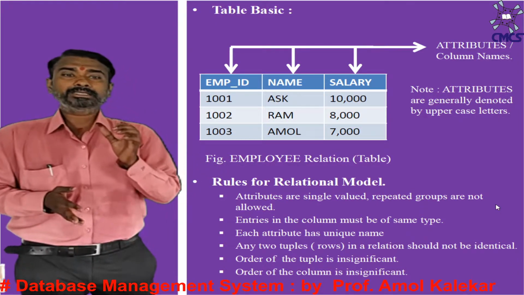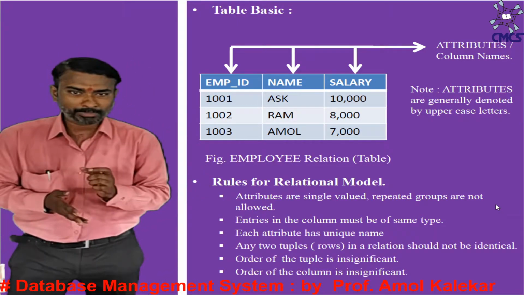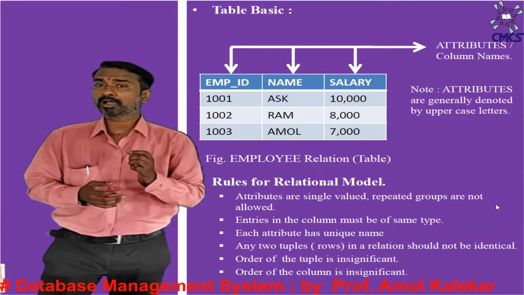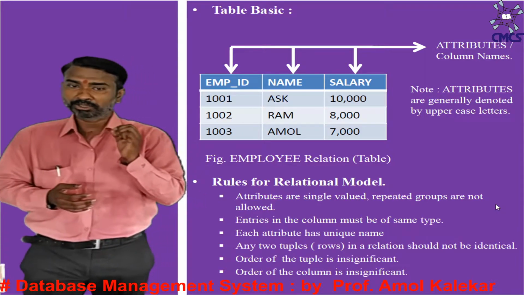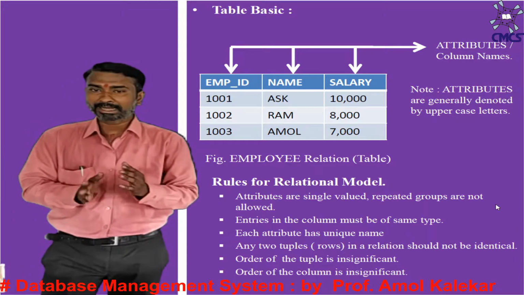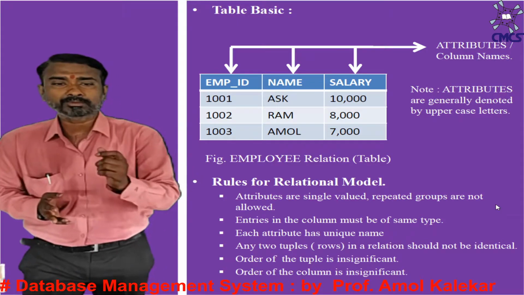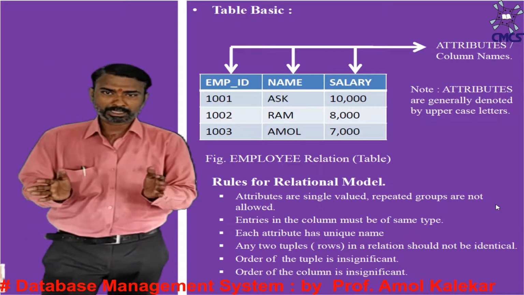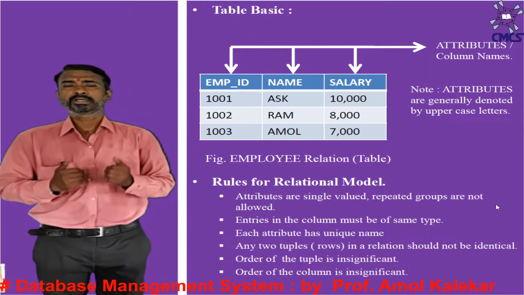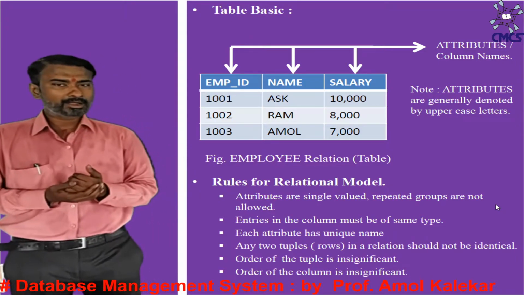Again, entries in the column must be of the same type of the specified domain. Each attribute should have a label with a unique name. Any two tuples in a relation should not be identical, and the order of tuples and the columns is insignificant. So these are some of the rules for defining the structure with the help of the relational data model.